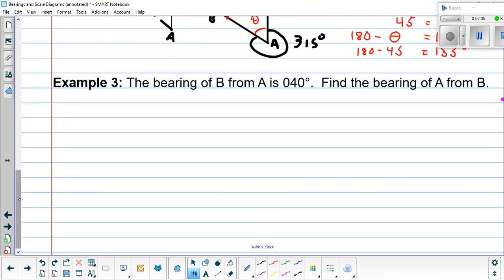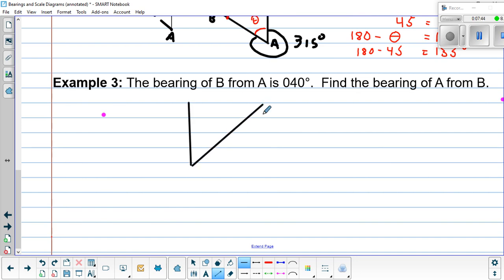So, example 3, let's draw this out. We know we have our north line, and we know that a bearing of 40 is somewhere over there. So I'm going to draw myself another north line, like so.